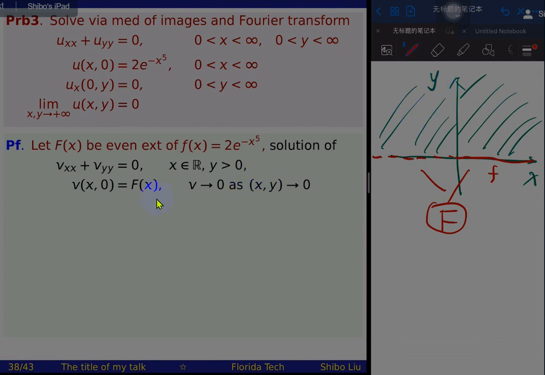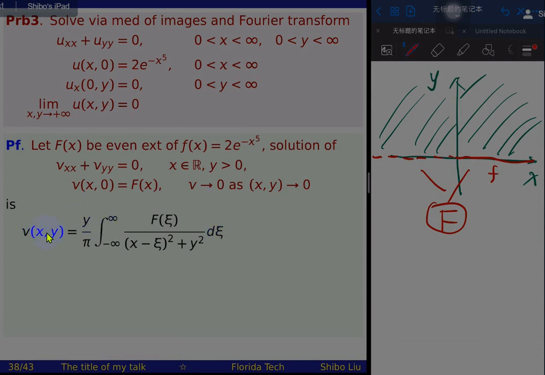We solve this problem in our lecture using Fourier transform. The solution is the so-called Poisson integral formula. We know that the small v is given by this formula.